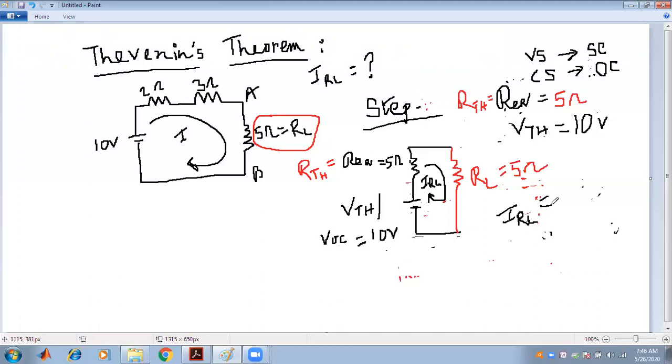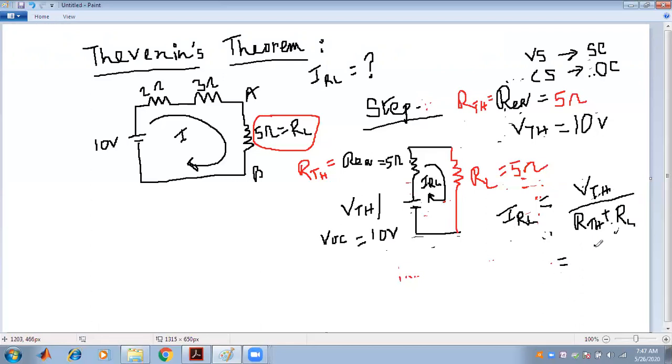It is the voltage, 10 volt, divided by the total resistance, 5 plus 5. We can write that as VTH, or V of OC, divided by RTH or R equivalent plus R of L, the load resistance.